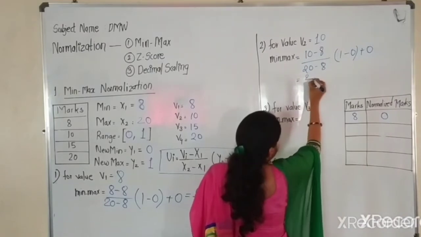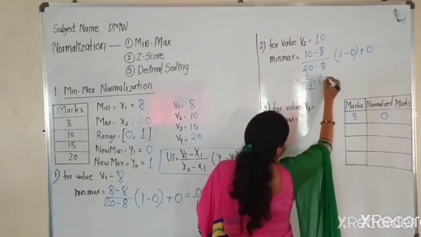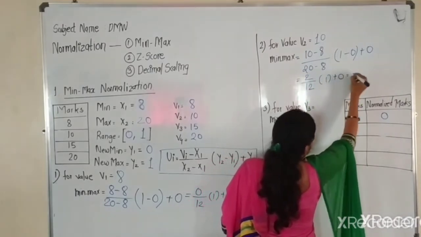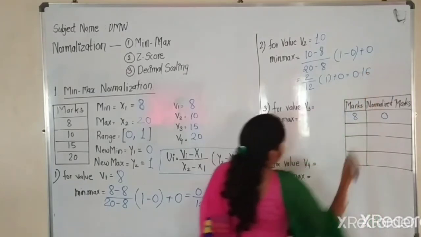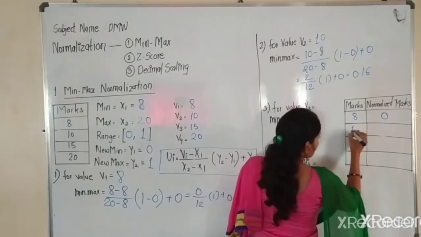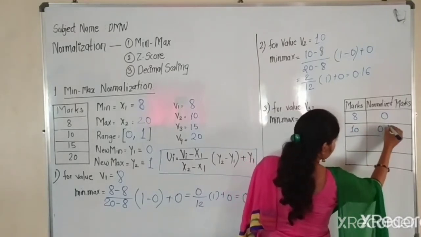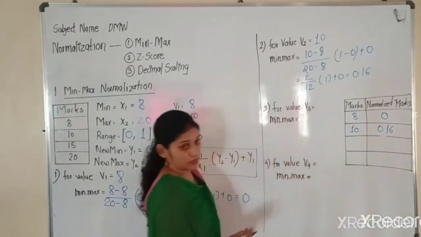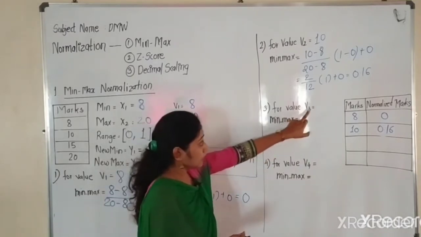So 10 minus 8, 2, divided by 12 into 1 plus 0, and it becomes 0.16. So 10 will be represented as 0.16.